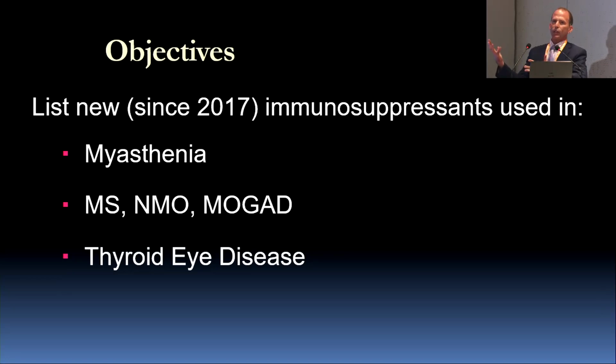So there's no way I can cover all of these in a short talk, and hopefully I'll save some time for you too. So I decided to pick 2017 and these conditions: myasthenia, MS, NMO, and MOGAD, which Ambika just made my job easier on, and then thyroid eye disease. I have no relevant financial interest in any of these things.